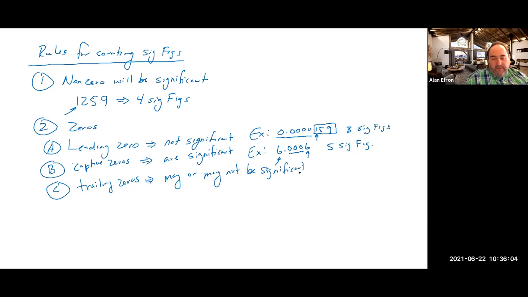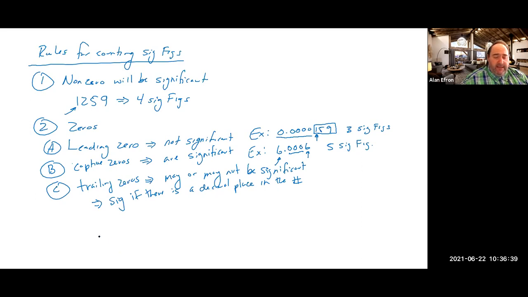What determines whether or not they're significant is they will be significant if there is a decimal place in the number. It doesn't have to be near the zeros, but anywhere in that number, all the zeros that come at the end will be significant.